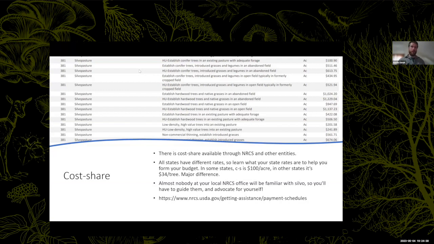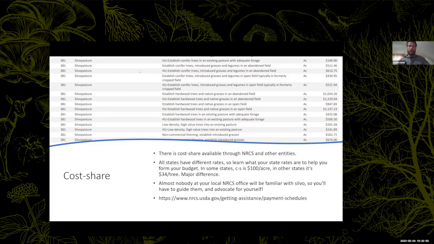I think it is a matter of when, not if. But at this point, there is no support for silvopasture in Pennsylvania, and that's the case in a number of other states as well. Ohio is one. New York is one that doesn't officially have an NRCS cost share rate for silvopasture. A lot of other states do.